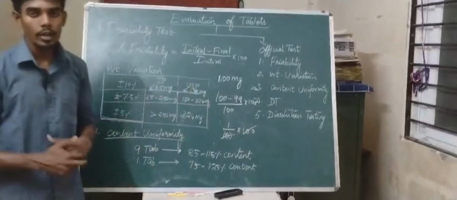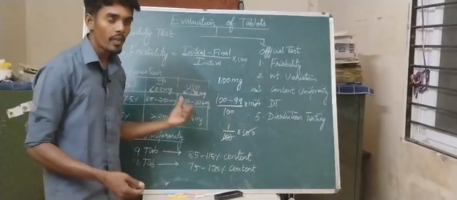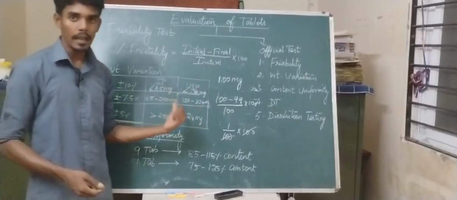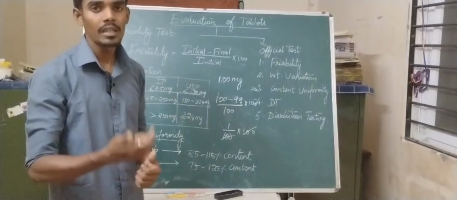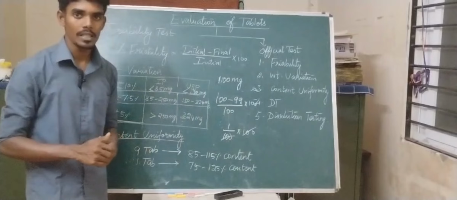In case we are using the USP standards, tablets of less than 130 mg should have weight variation in the range of plus or minus 10%.